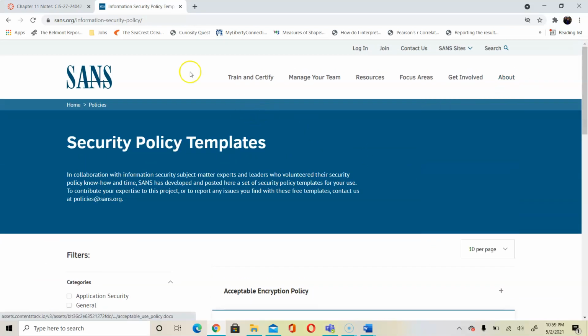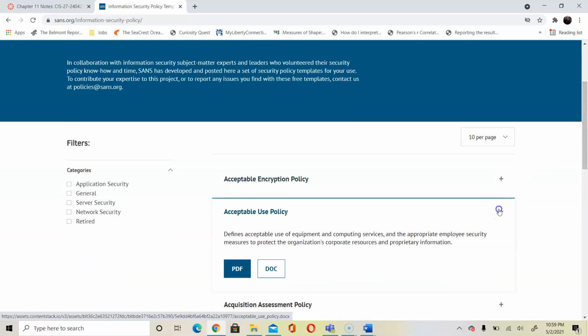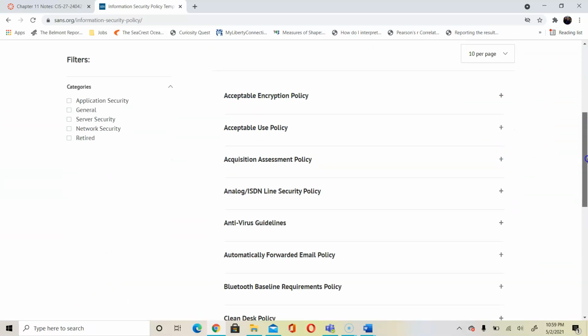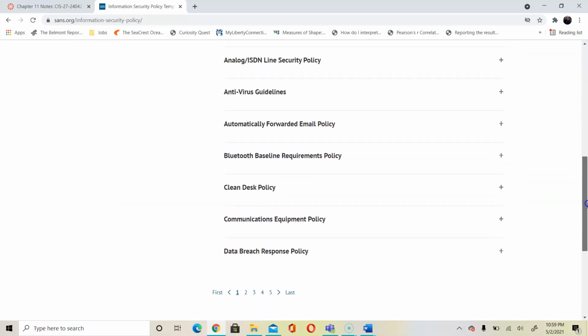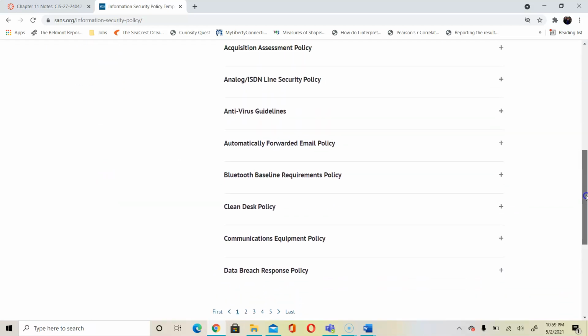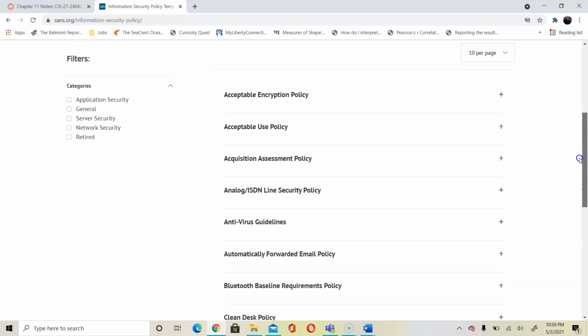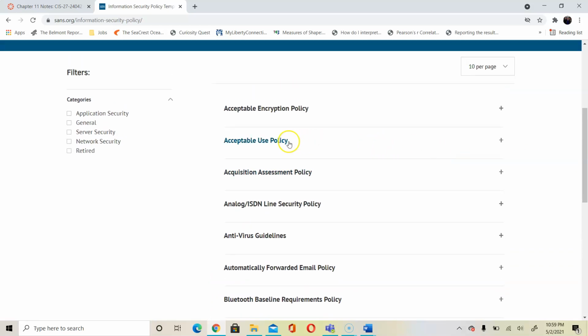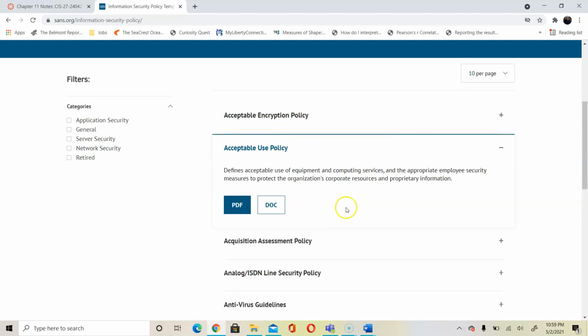A good repository for templates is SANS, which offers different security templates. As you can see, there are different types of security policy listed here.